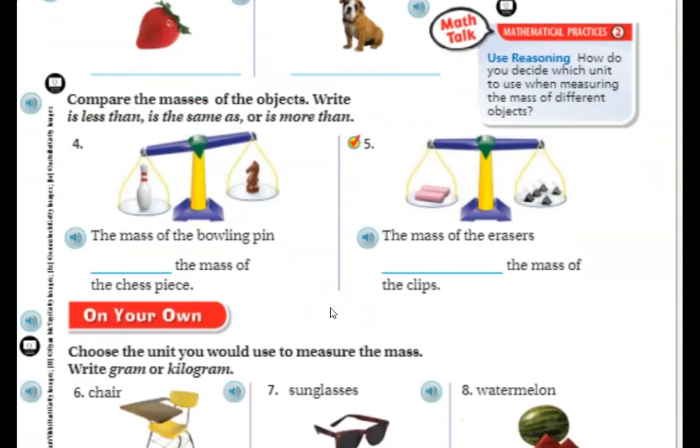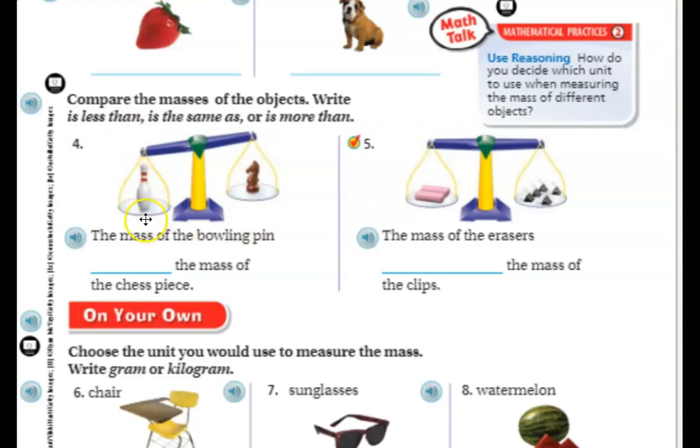Okay, so if we look there, we've got a scale that they're giving us. And it says the mass of the bowling pin, here's the bowling pin, to the mass of the chess piece. Okay, so the mass of the bowling pin, is it less than the mass of the chess piece?